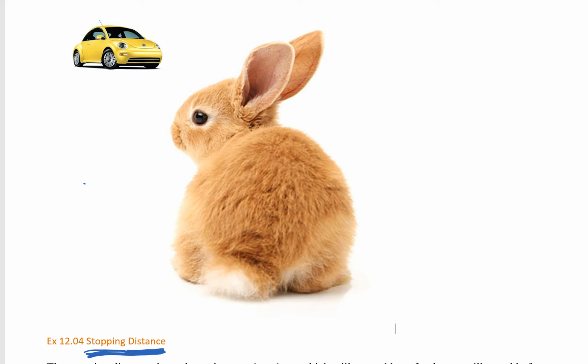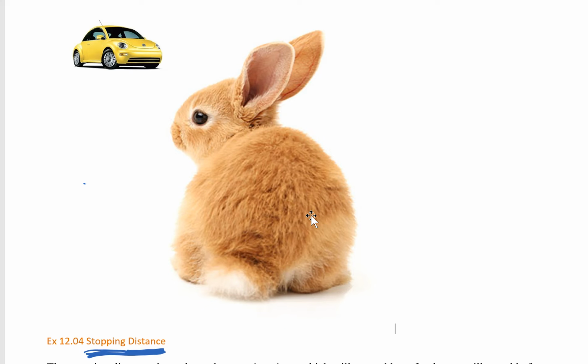So we have a reaction distance, the distance the car travels from the time you observe this thing until you actually get your foot on the brake. That might be less than a second, but the car is going to travel some meters in that 1 second, depending on your speed.